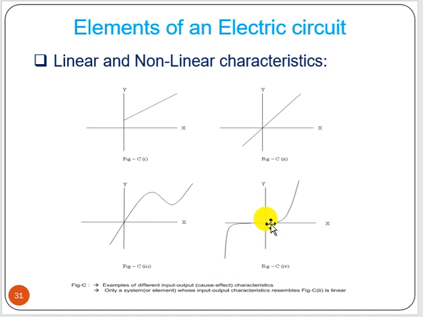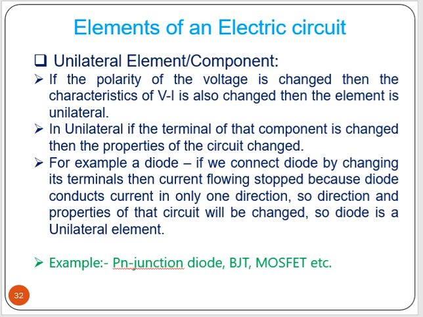So when the polarity is forward biased, it looks exponential; for reverse bias, when the polarity changes, it becomes other characteristics. These are both different characteristics. So the diode is a unilateral device. PN junction diode, BJT, MOSFET, all are unilateral devices.